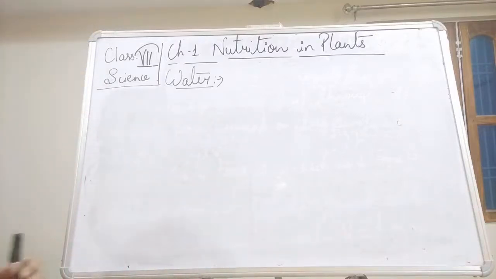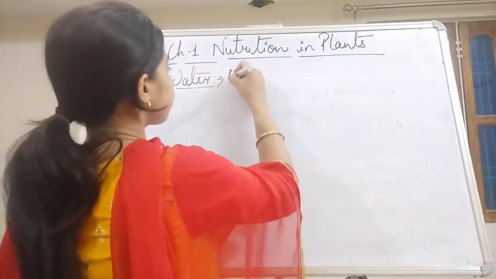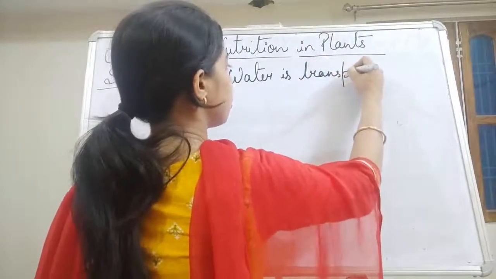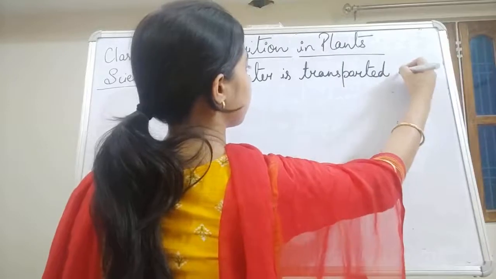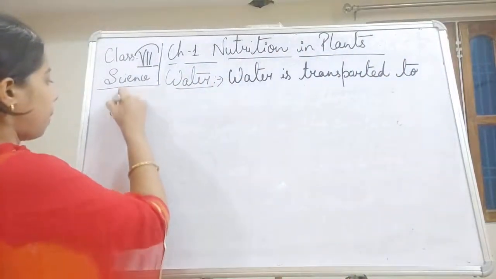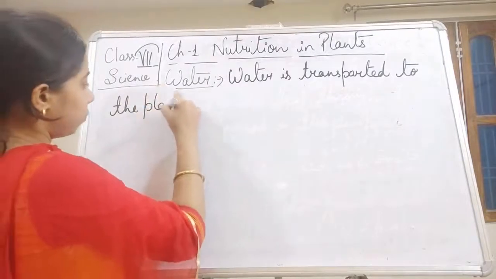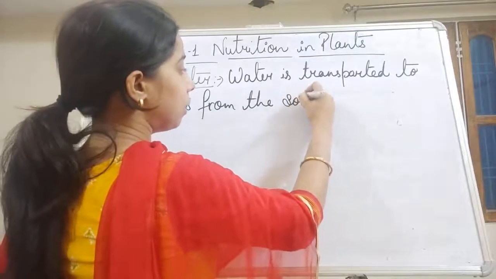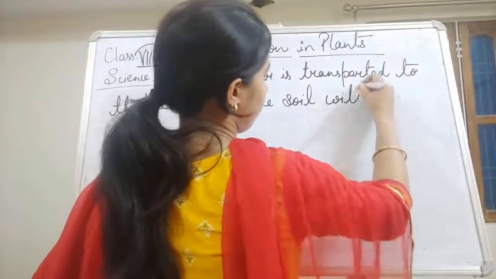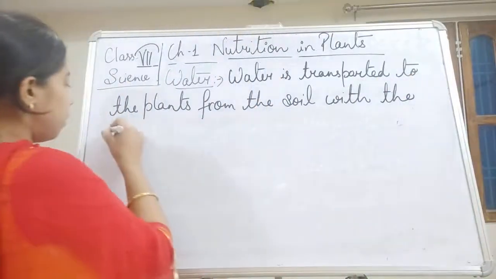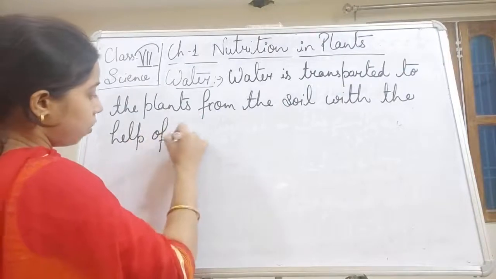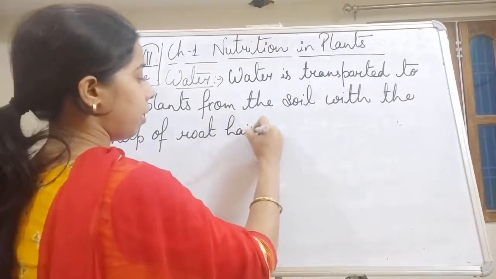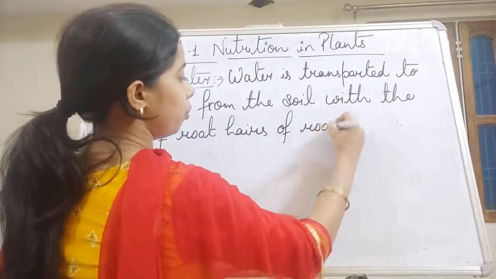Okay, so we can write here the first point: water is transported to the plants from the soil with the help of root hairs of roots.